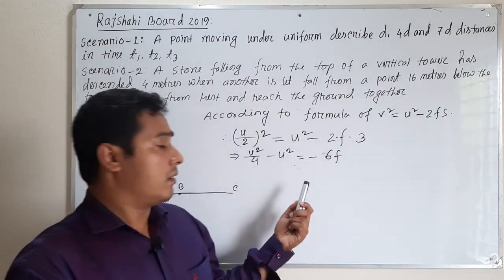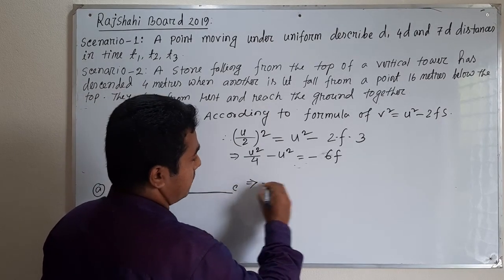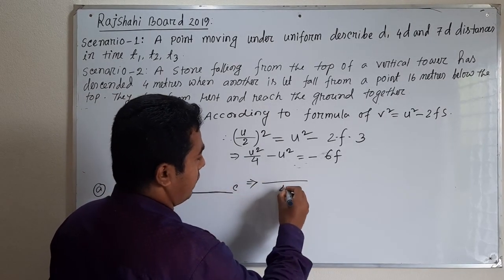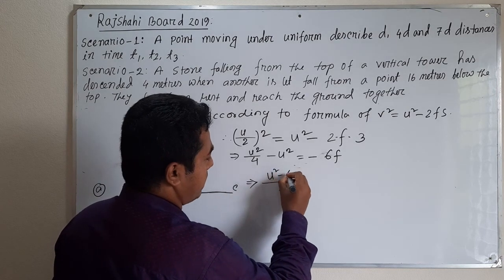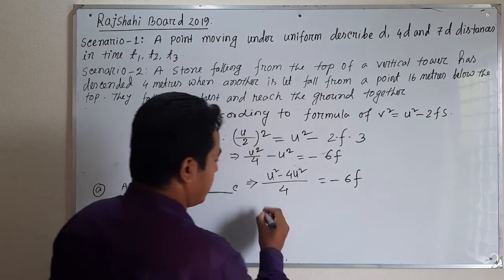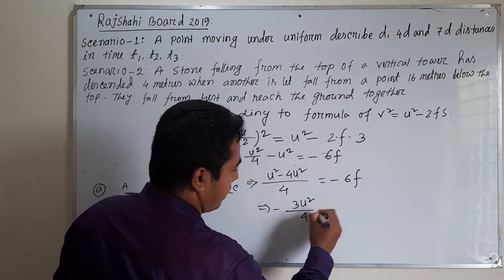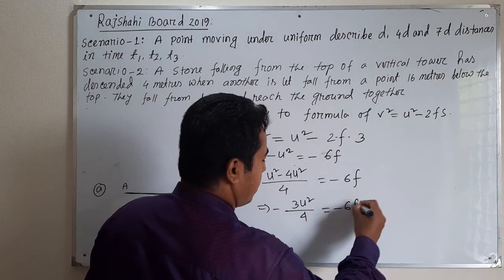From this line we can write u square minus 4u square divided by 4 is equal to minus 6f. Now minus 3u square divided by 4 is equal to minus 6f.